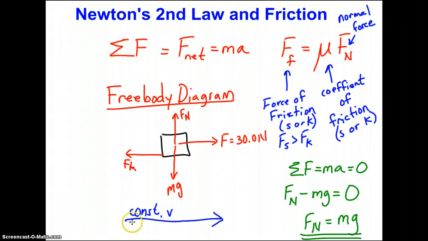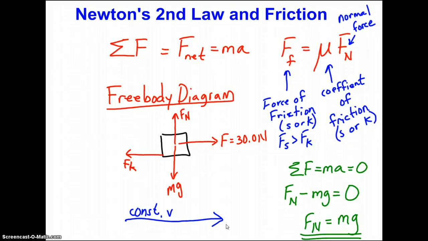I also like to include a motion arrow that reminds me what direction this object is traveling. The significance of that in doing Newton's second law problems, and this is very important, is that the direction of motion tells you which forces in your problem end up being positive.